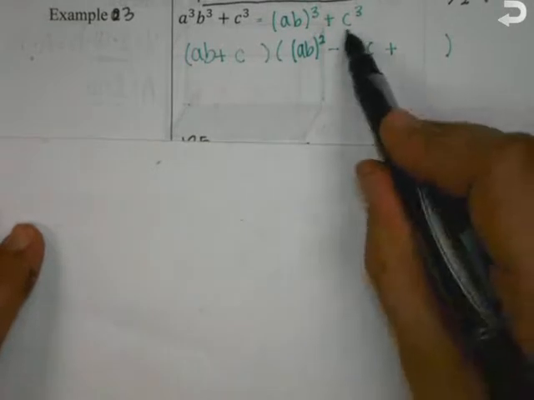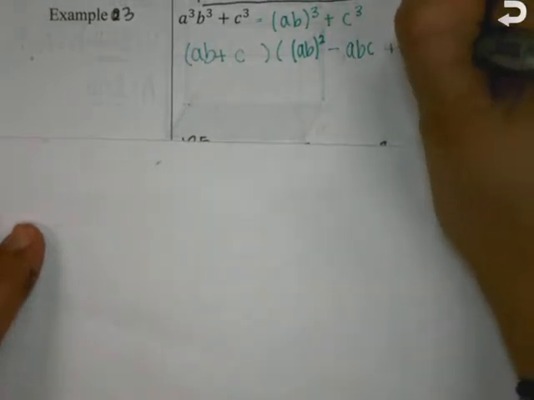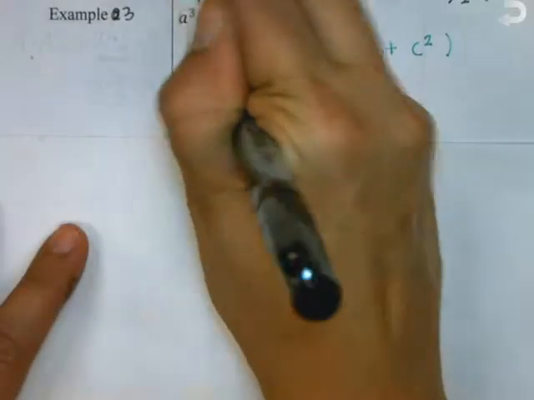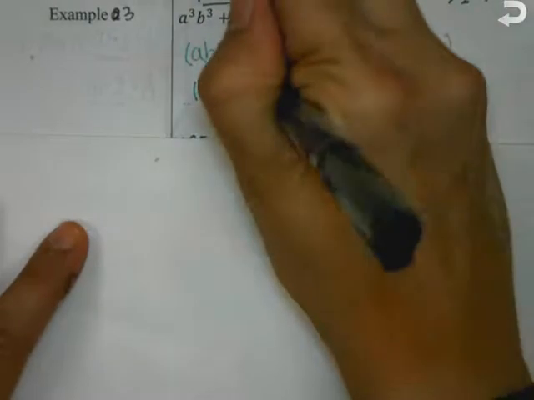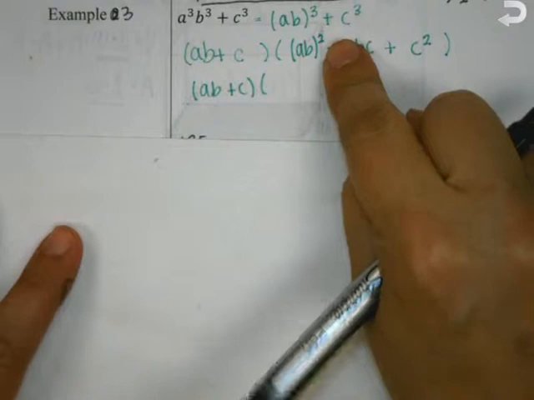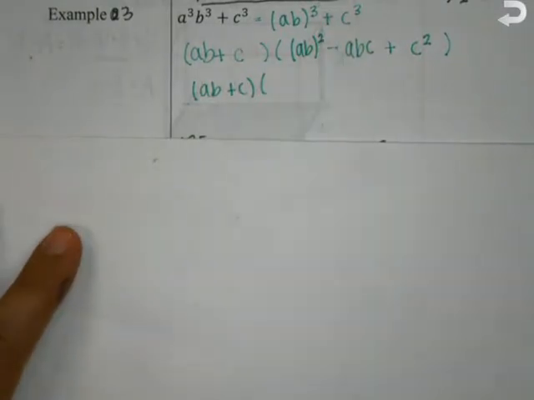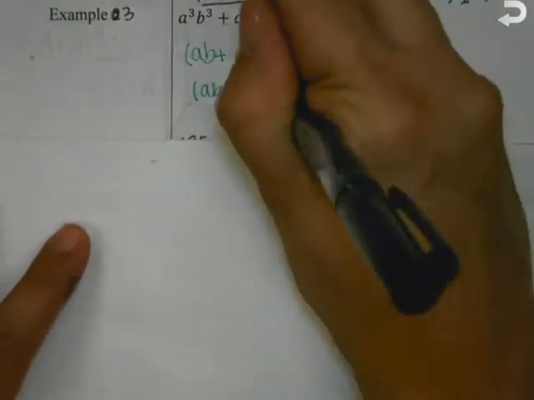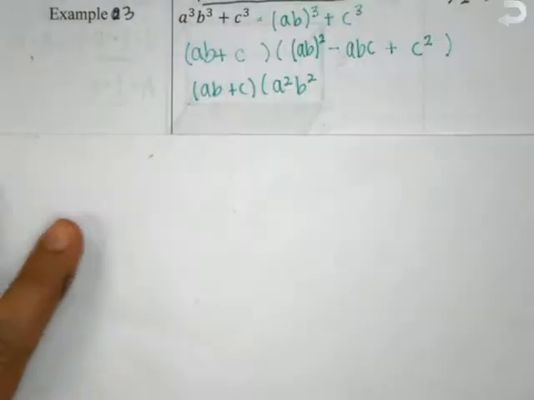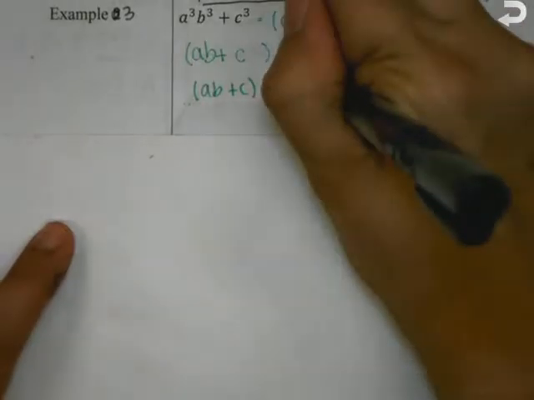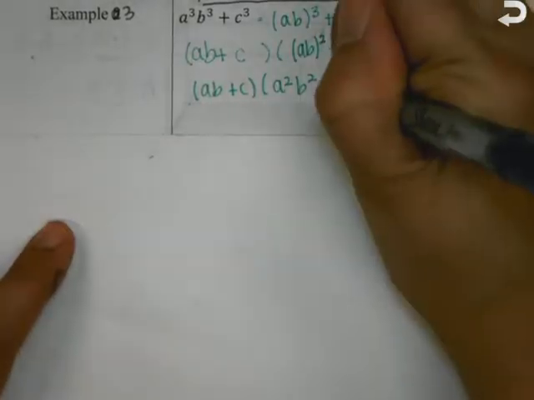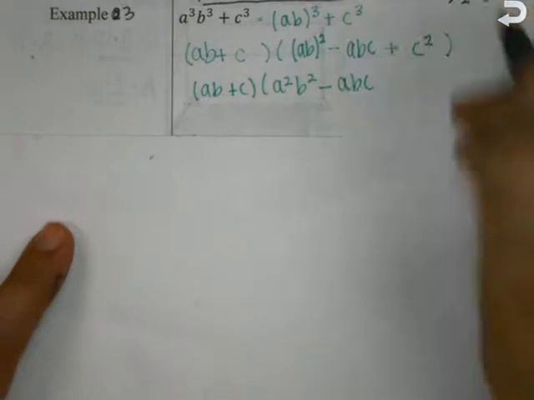So let's simplify a little bit. This is AB plus C. AB, all of it squared. How can I rewrite that? Well, it's written as AB squared. How can I rewrite it? A squared B squared. Good, thank you. A squared B squared minus ABC plus C squared. And that's your answer.